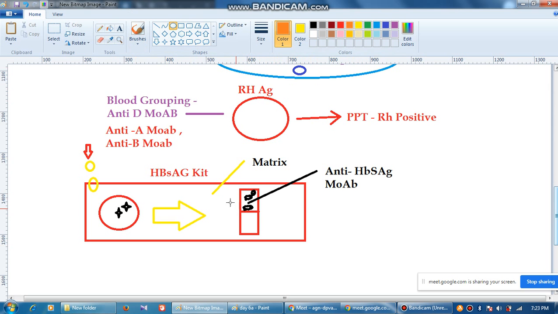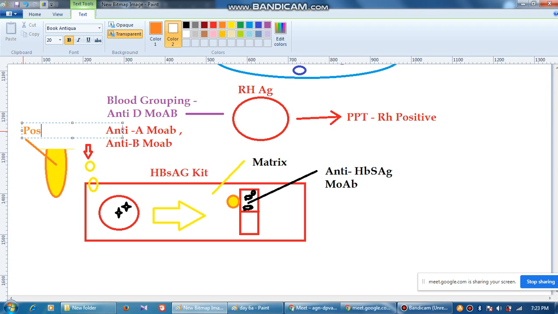On this basis you will say that the serum sample, which was in a test tube, is positive for hepatitis B virus.